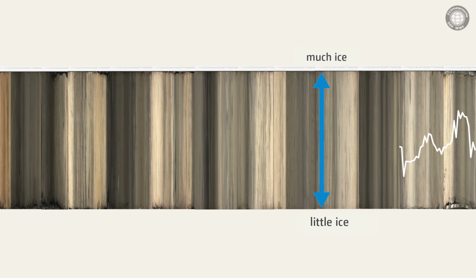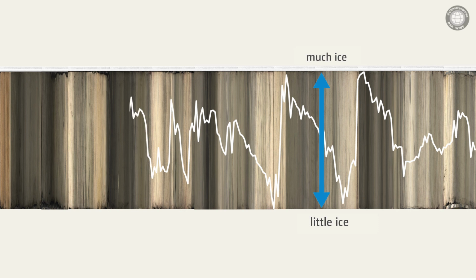The curve being drawn from the right shows us how much ice there was. The scale is such that the curve moves towards the lower edge of the image when little ice covered the continents. When the curve moves towards the upper edge of the image, a lot of ice covered the continents. Therefore, we can clearly observe the transition between interglacial and glacial periods.